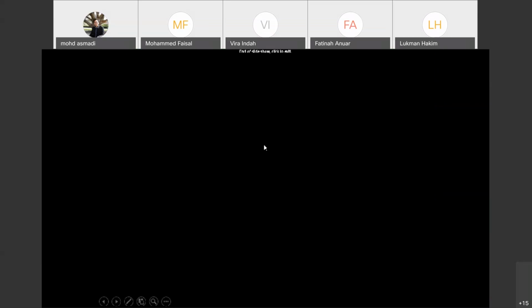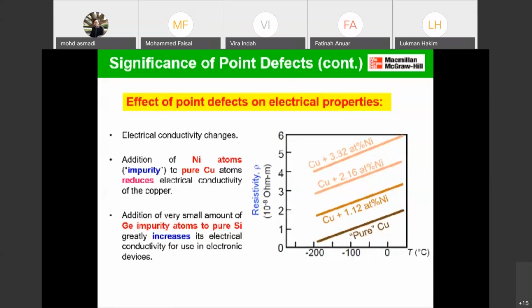I think this part is more general information, and maybe the most important thing is the Hume-Rothery rules: how to observe or predict, when you mix two elements, whether it is 100% solubility, 80% solubility, or low or very low solubility.